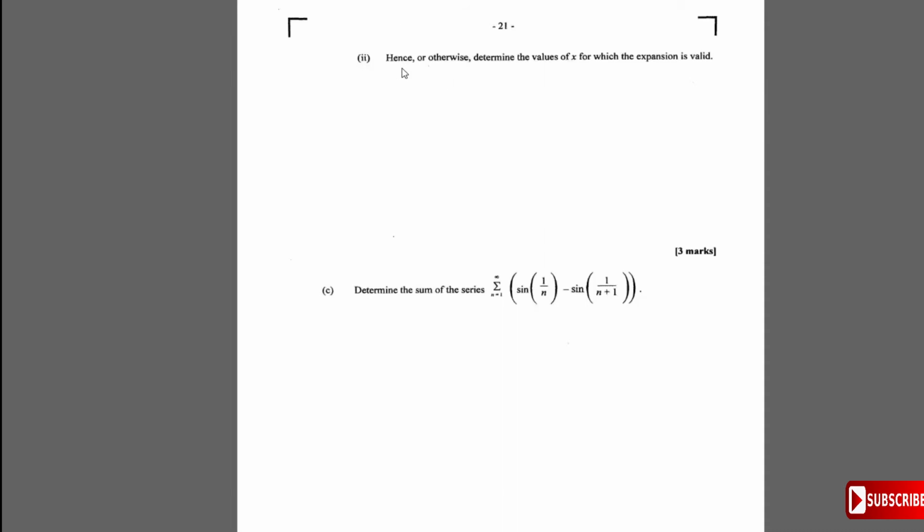So we can say, it says hence or otherwise. I am going otherwise. So f of x is equal to e to the minus x squared.